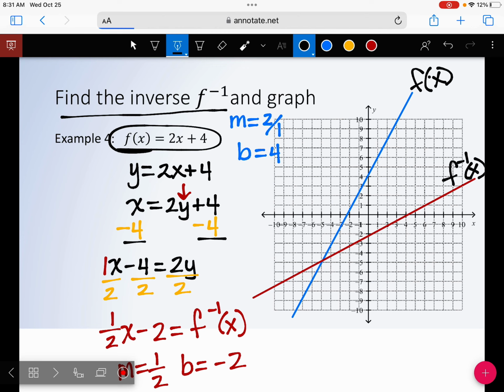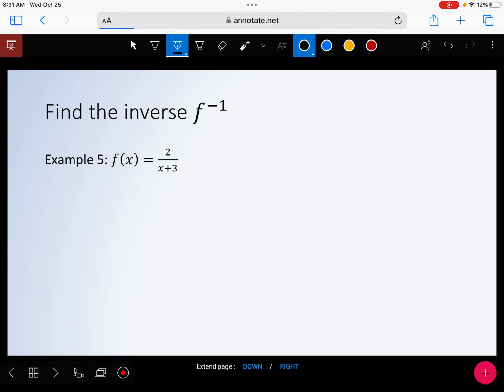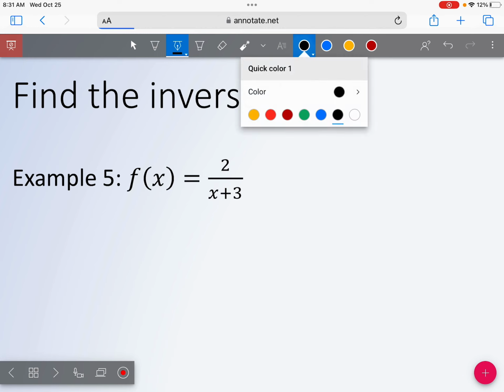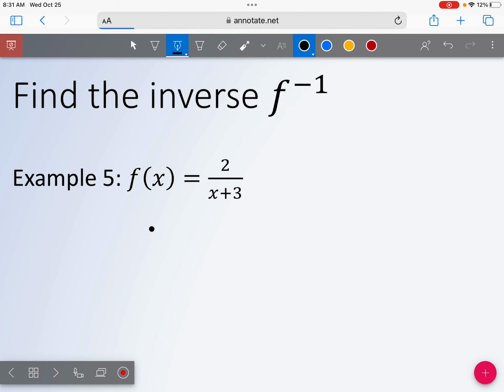Okay, let's go ahead and do our last three. Now we have to find the inverse.